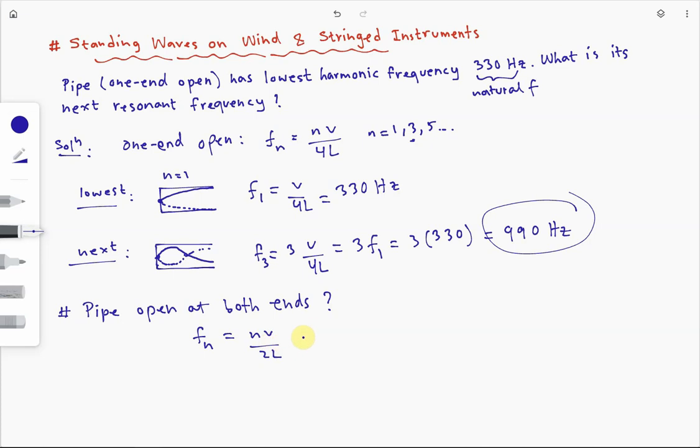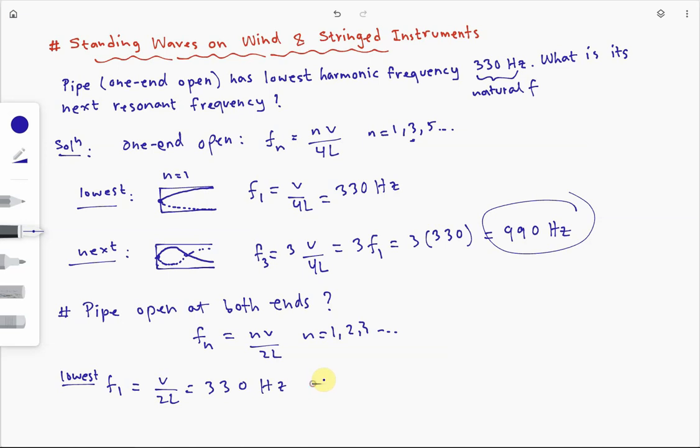This is for all n equals 1, 2, 3, and so on. So it doesn't need to be odd numbers. It can be all positive integers. Therefore, the lowest one is F1 as usual. This is our lowest or natural frequency, and this is v over 2L. This is given to us to be 330 hertz, right?